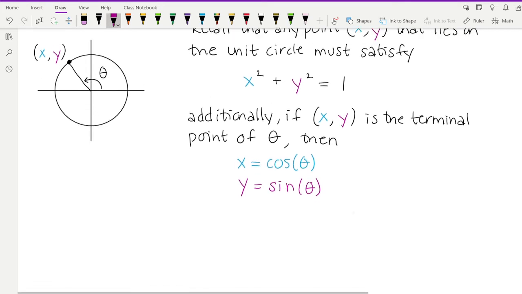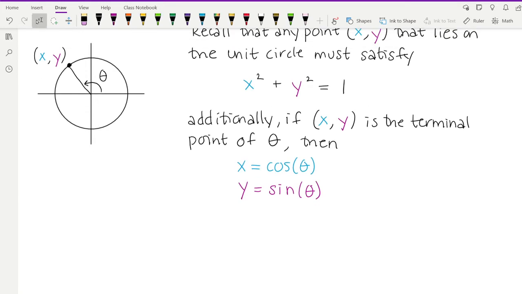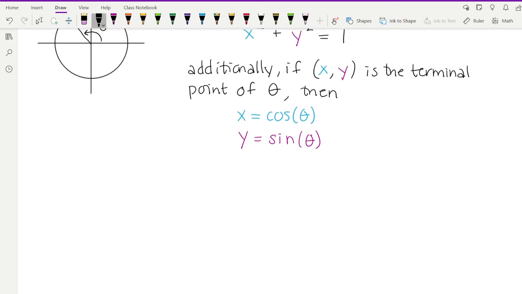And so all I'm going to do is basically combine these three equations. We have x squared plus y squared is equal to 1. We also know that x is equal to cosine of theta and y is equal to sine of theta. So putting these things together, we're going to get the following equation.